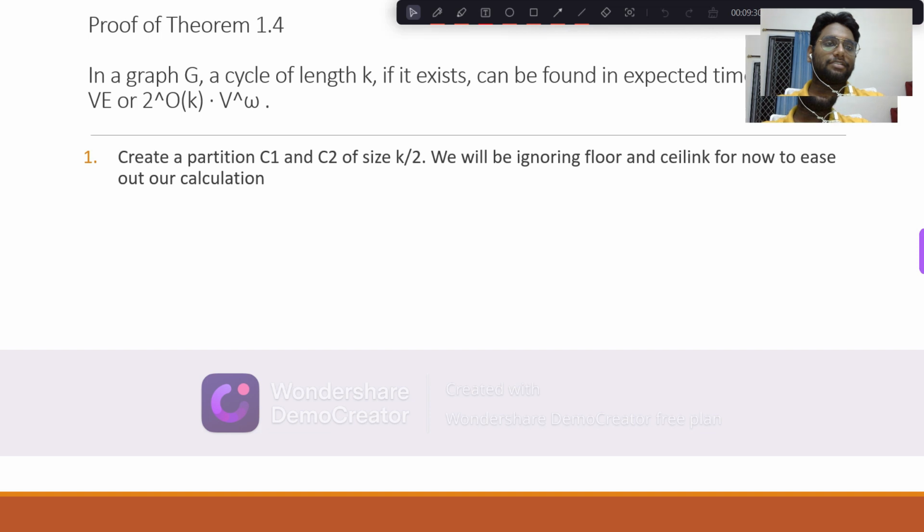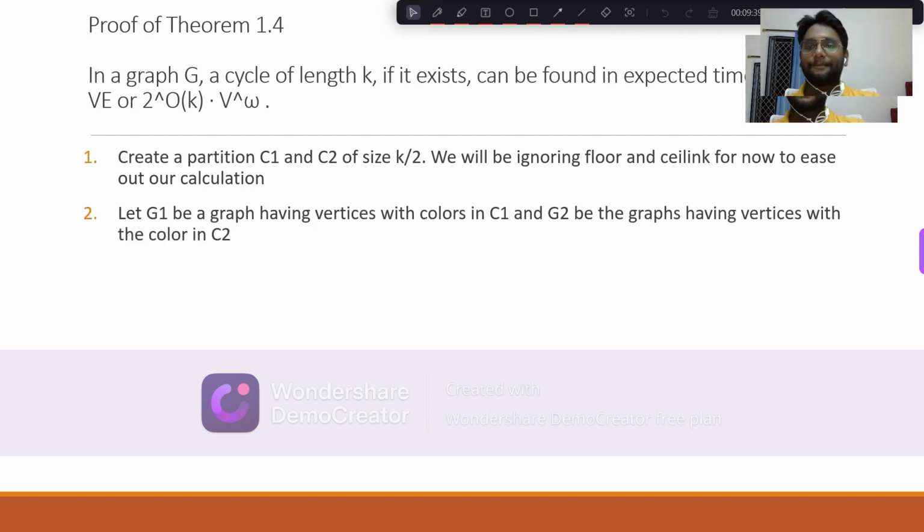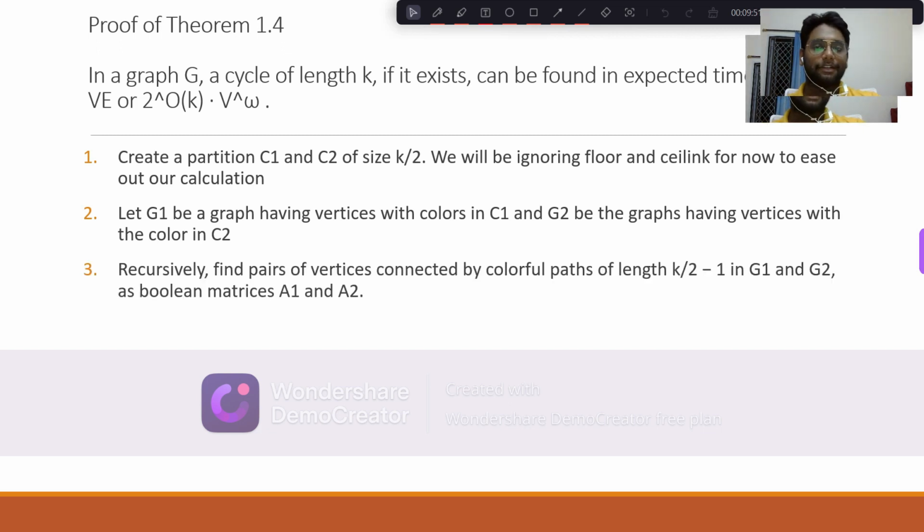Now, if we have to search for a similar thing for the k cycle problem, what we are going to do is partition the graph randomly into two parts of equal sizes. Now, we'll create a new graph G1 which has all the vertices colored C1, and G2 which has all the vertices colored C2.